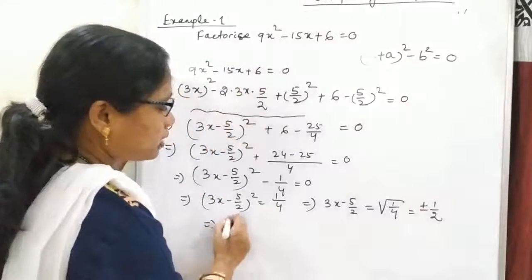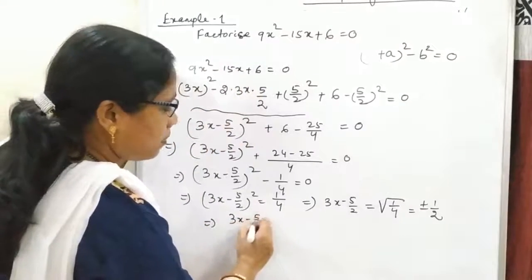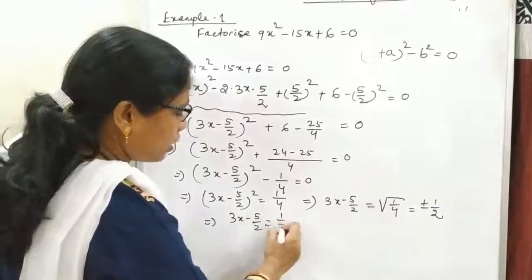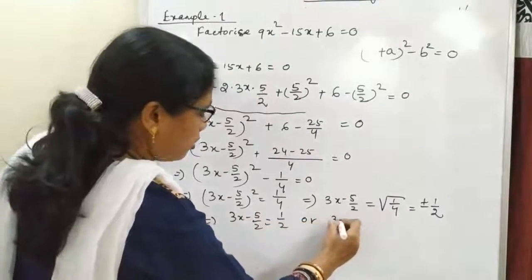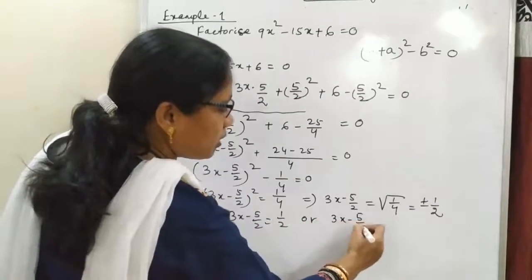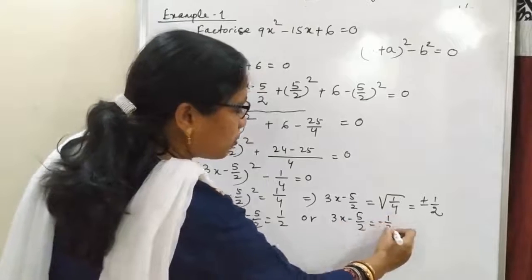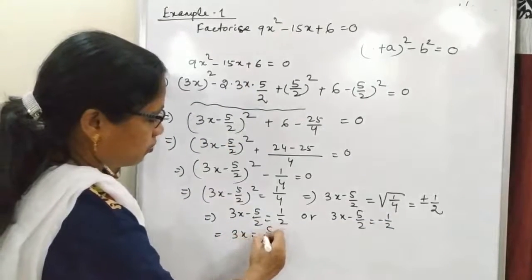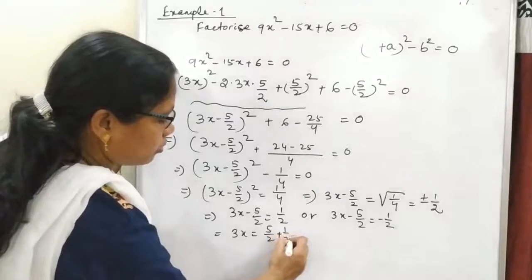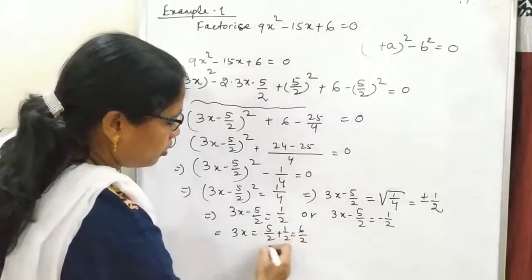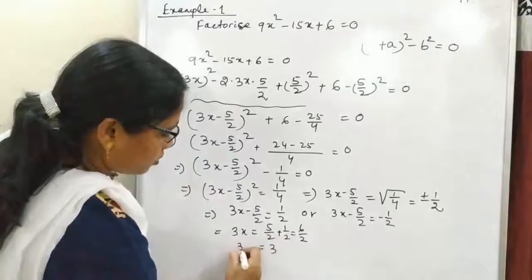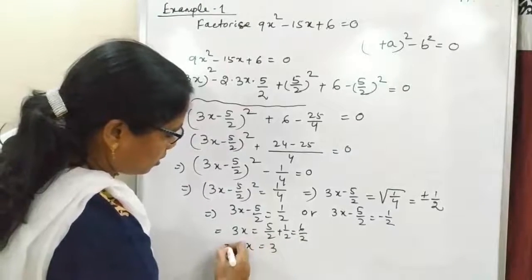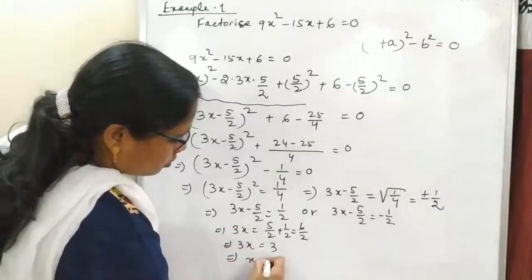So this implies 3x minus 5 by 2 is equal to 1 by 2, or 3x minus 5 by 2 is equal to minus 1 by 2. So 3x is equal to 5 by 2 plus 1 by 2, that is 6 by 2, that is equal to 3. So 3x is equal to 3 means x is equal to 1.